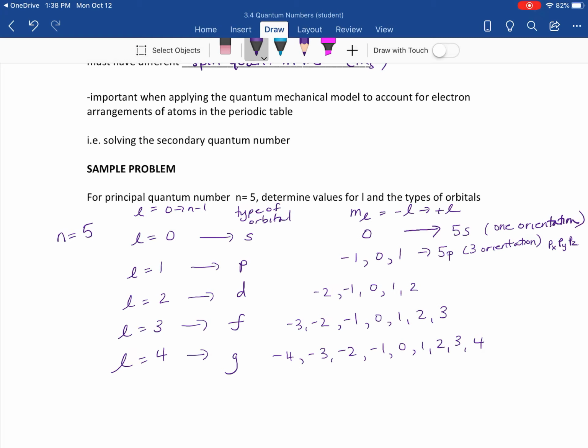Okay? And then when we talk about 5d, there's 5 orientations, right? When I'm talking about 5f, within 5f, there's 1, 2, 3, 4, 5, 6, 7 orientations. And 5g would be 9 orientations. How's that? So our types of orbitals are 5s, 5p, 5d, 5f, and 5g.